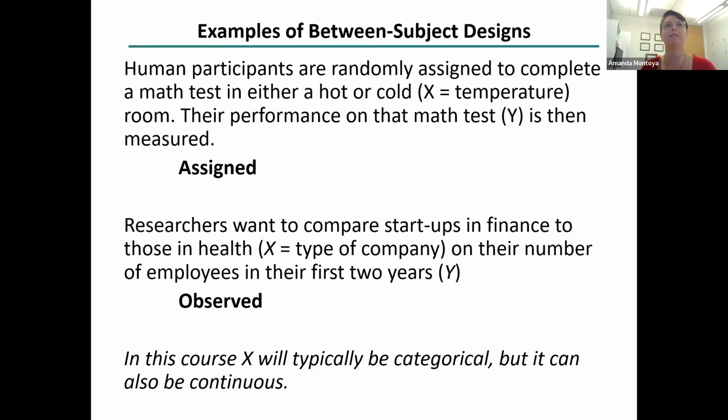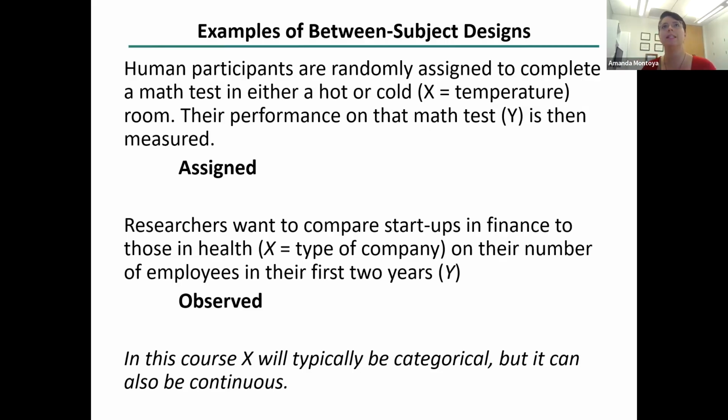And I believe that everybody who's in the hot condition is in the same temperature and everybody who's in the cold condition is in the same temperature. So I'm just going to have levels of hot and cold. Or sometimes we might also want to just double check that we've done that correctly. So put a thermometer in the room to measure the temperature, and then we would have numeric information.